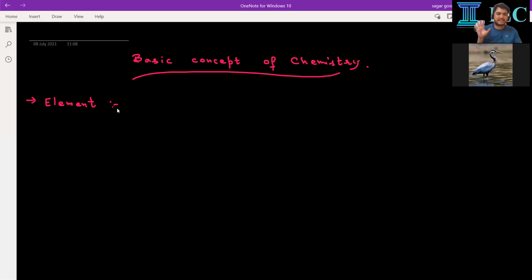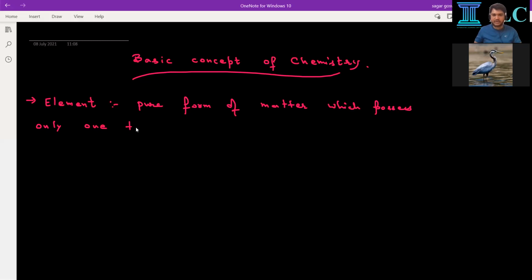If I say sodium, sodium contains only sodium atoms. So it is the pure form of matter which possesses only one type of atom, not the other kind.